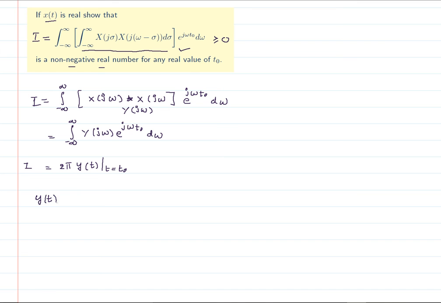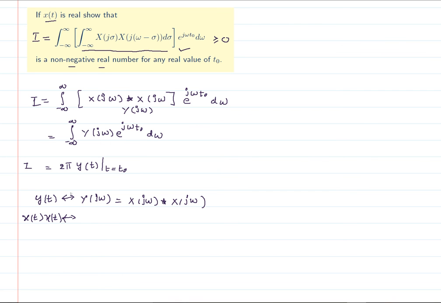So y of t will have Y of j omega as the Fourier transform, which is equal to X of j omega convolved with X of j omega. Clearly this is convolution in the frequency domain, and hence in the time domain the convolution should be replaced with multiplication, so this would be the same as x of t multiplied with x of t.